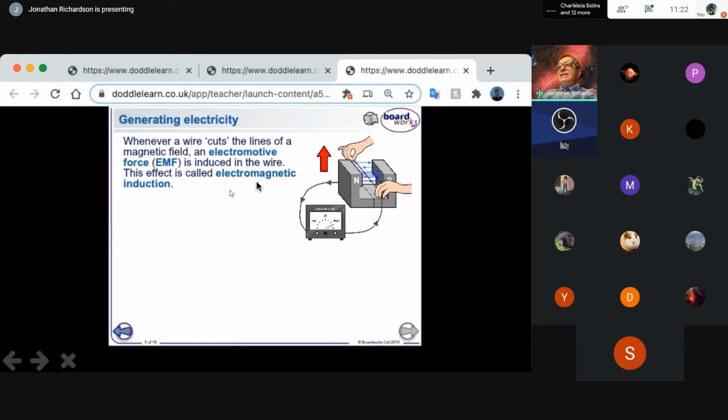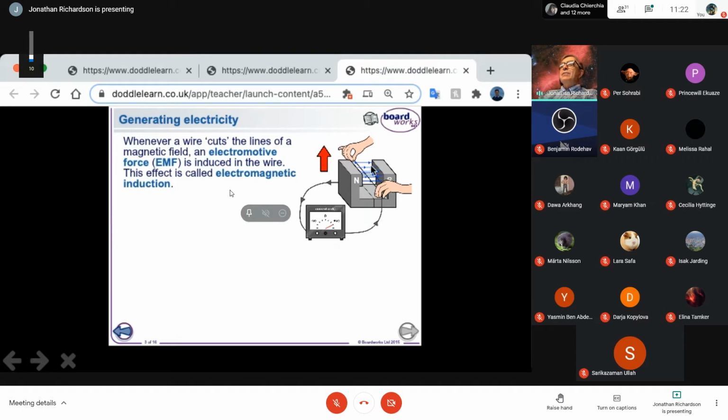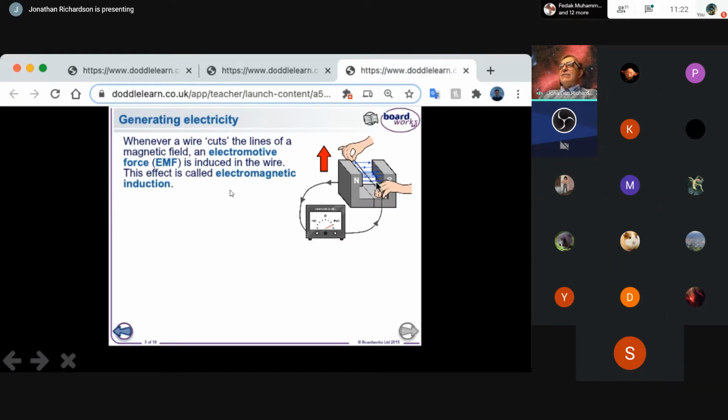Now you've seen a diagram, something similar to this, and I've demonstrated for you in class what happens when we place a coil of wire or a piece of wire that contains electrons inside a magnetic field.